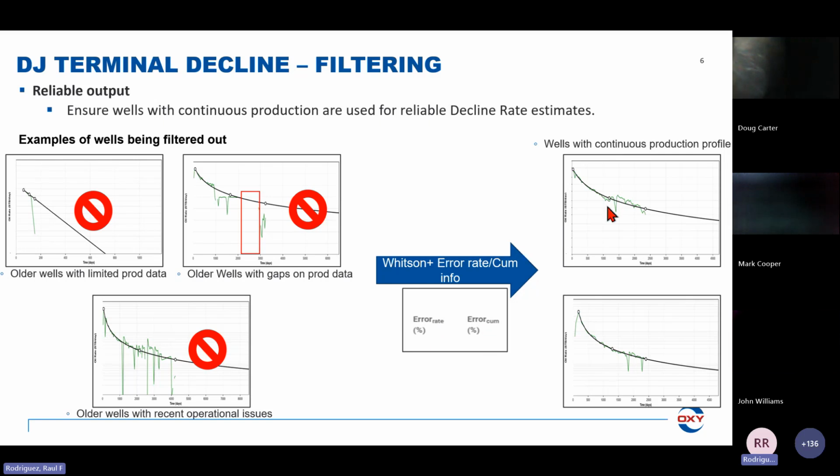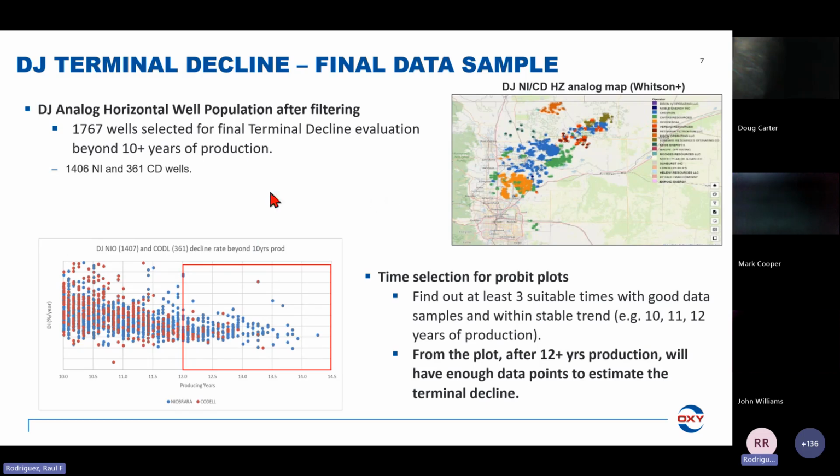And then we're going to end up with a subset of wells that has more textbook production data and decline, which will help you have a more accurate estimate of that last segment, the hyperbolic decline. Having said that, we were able to filter from 10,000 wells to 1,700 wells that were selected for the final terminal decline evaluation.